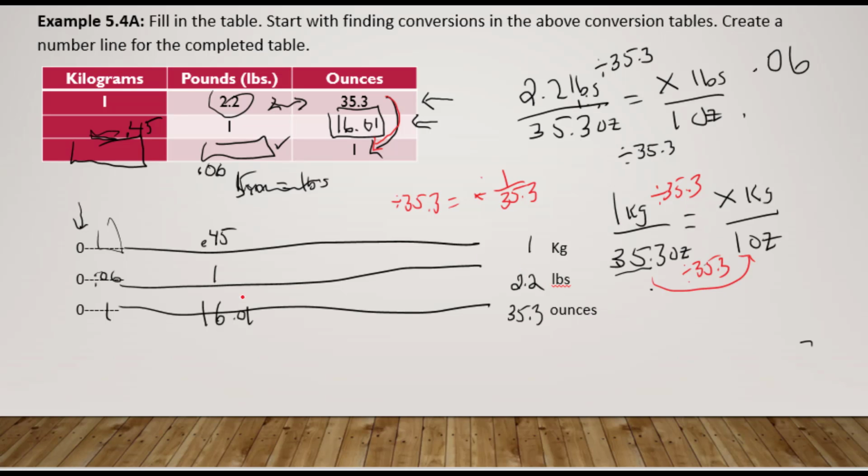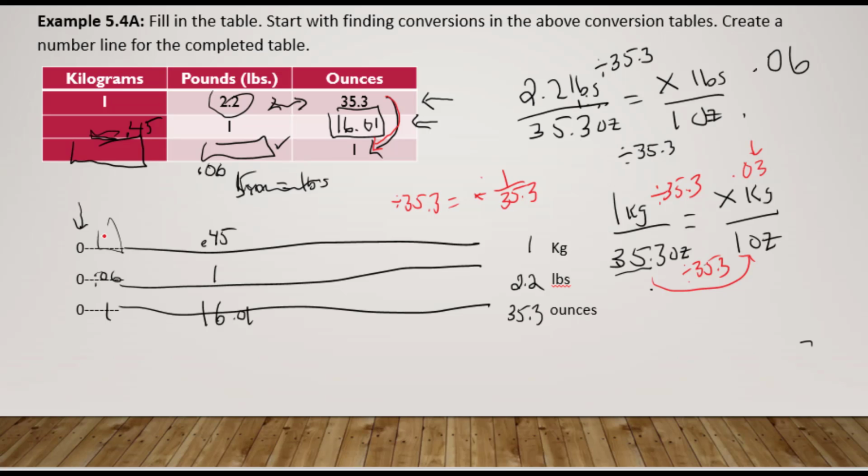So I'm going to go on my calculator, 1 divided by 35.3. And just for the sake of making this not too many decimals, I'm going to go to 2 decimal places and I get 0.03, rounded to the nearest hundredth.